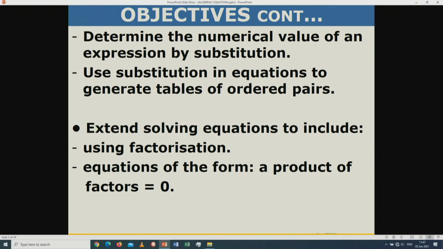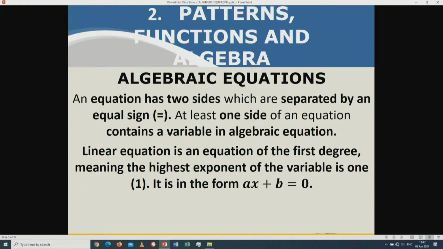And then we have to use substitution in an equation to generate tables of ordered pairs. So that is for grade 8. Like I've indicated, for grade 9, it will be just a revision. Right. And then now let's continue.